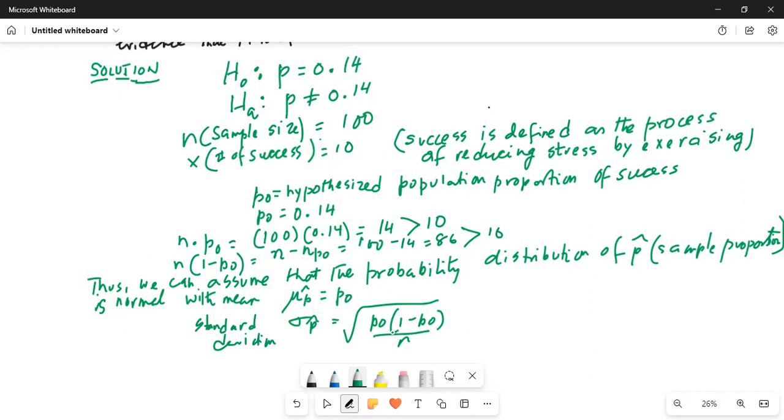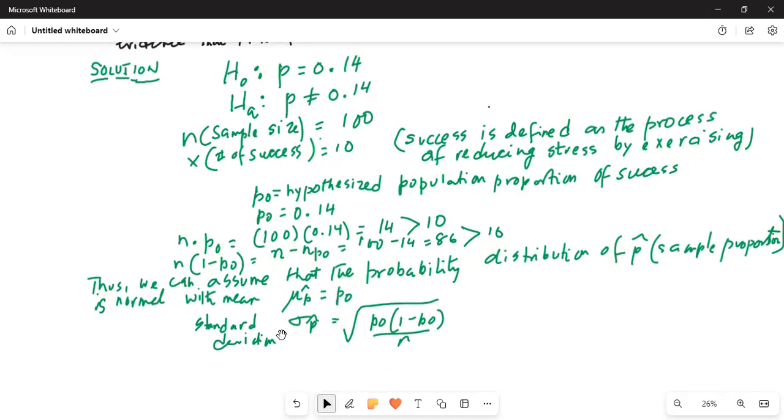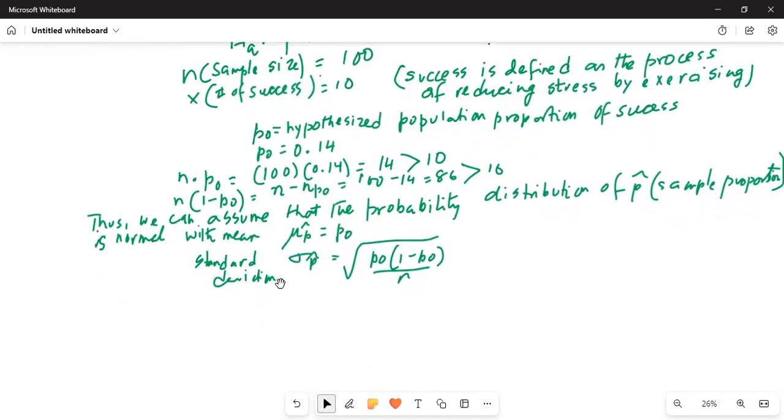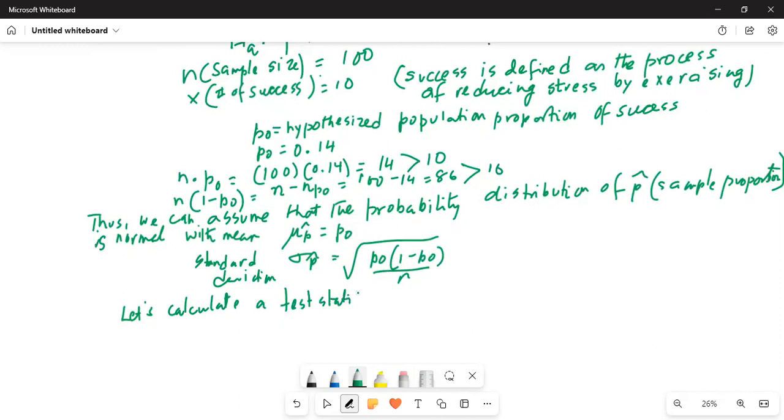So let's calculate a test statistic, which is a characteristic of the sample.